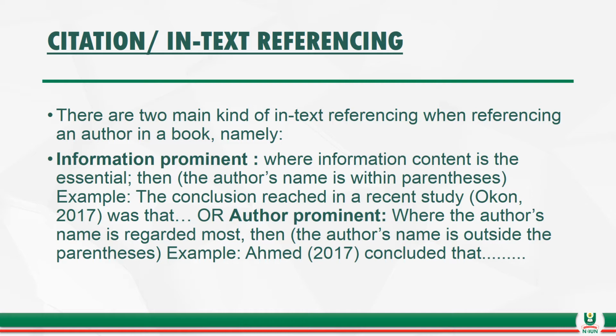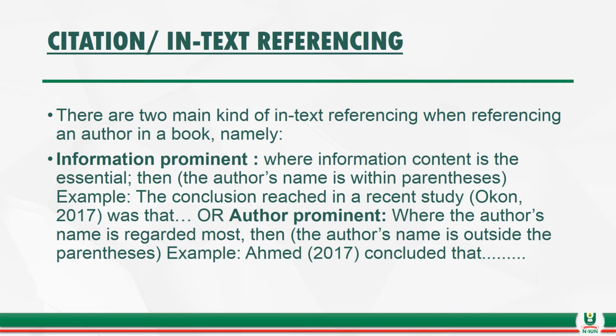And the other type is the author prominent. So what's the difference between the information prominent and the author prominent? The difference is that in author prominent, the author's name is regarded most. And what do we mean by most? Instead of the author's name being written in parentheses, it is rather written outside the parentheses. What do we mean by parentheses? The bracket.